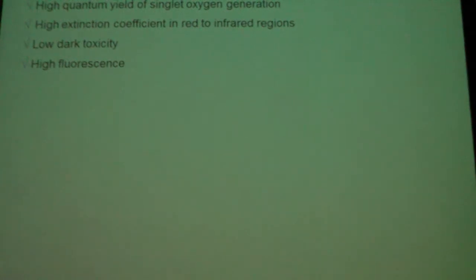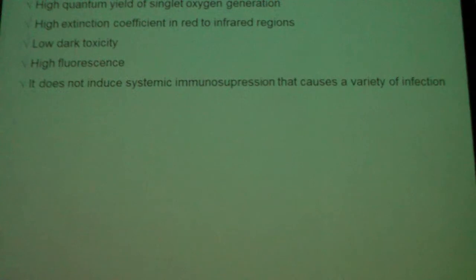Fourth is high fluorescence emission. The drug should also generate high fluorescence signals, so that we can find out where the cancer is exactly located. And then it shouldn't be toxic by nature, which makes side problems during the treatment.